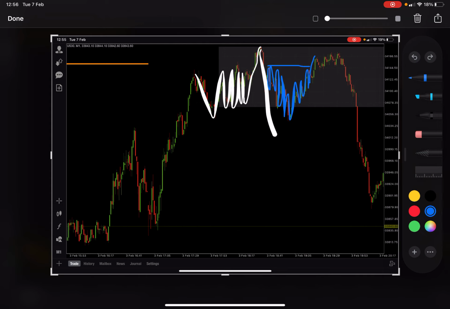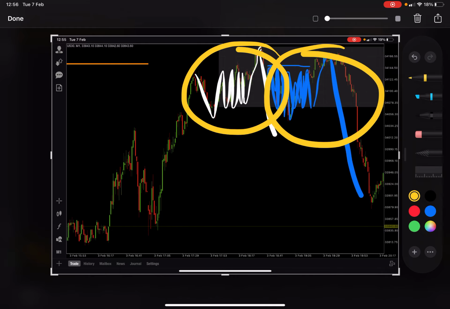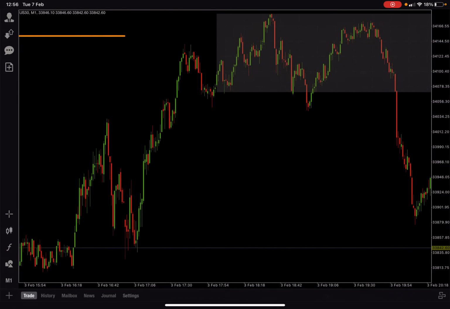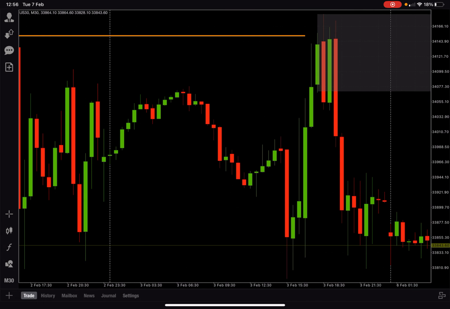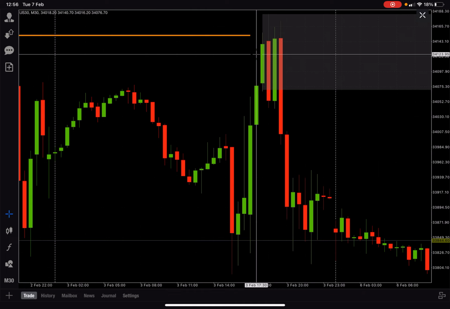But the purpose is you are still following a consolidation, goes up, takes liquidity, and then moves to the downside. You're still following the same pattern. And that is why you've got 1, 2 bearish FUs on the higher time frame. On the 30-minute time frame, you can clearly see those 2 bearish FUs.